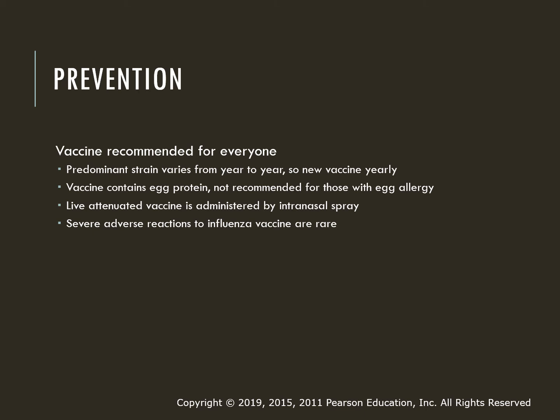The vaccine is given in the fall before the annual winter outbreak. Live attenuated vaccine administered by intranasal spray is available for healthy people under age 50. The effectiveness of the vaccine varies from year to year. In 2012 to 2013, seasonal flu vaccine, which contained vaccines against 2 influenza A viruses and 1 influenza B, was estimated to have a vaccine effectiveness rate of 56%, with effectiveness in the older population 65 and older.